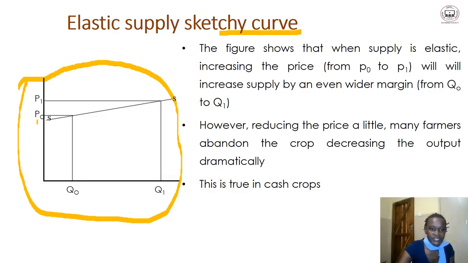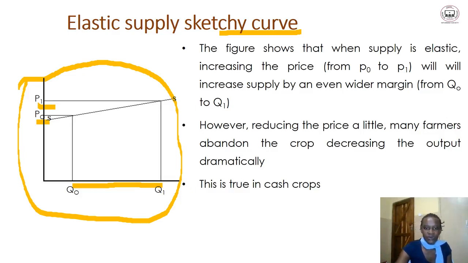As already mentioned, increasing price from P0 to P1 has led to a great change in quantity supplied from Q0 to Q1 here.